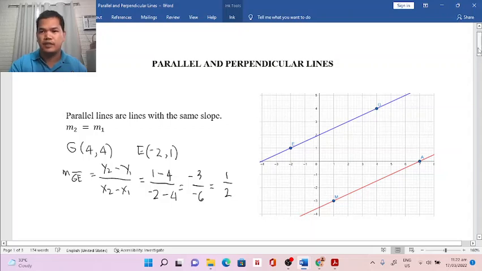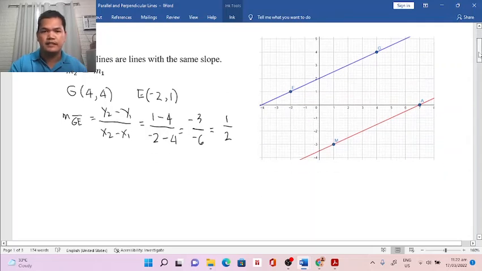Now, let us proceed to line segment MA. The coordinates of M is 1 and -3, while for A, we have 7, 0.